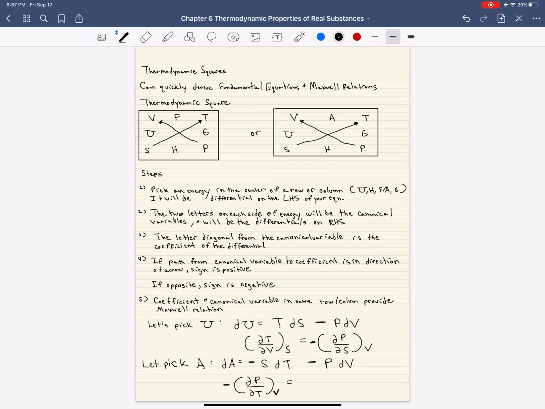On the other side, the coefficient was S, the canonical variable was V, and this coefficient was originally paired with T, so the Maxwell relation is dS/dV at constant T. Now it's also a negative, but the negatives cancel out. From the thermodynamic square, we can quickly derive the fundamental equation and Maxwell relations.